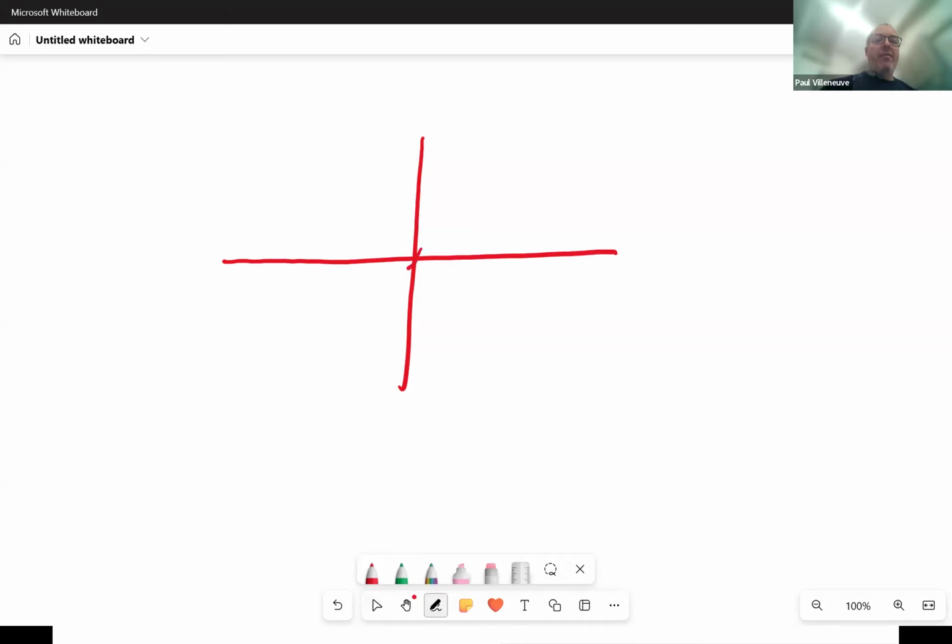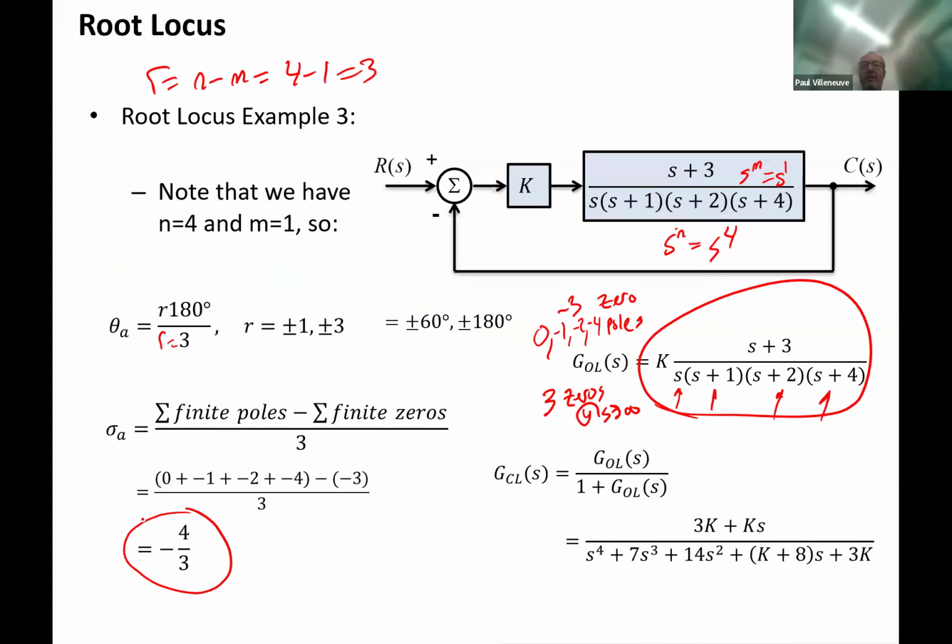So I have 1 at 0, 1, I believe, at -1, 1 at -2. Then I have 1 at all the way out here at -4. And then my zero is right here in the middle, right? It was s plus 3. So -1, -2, -3, and -4.